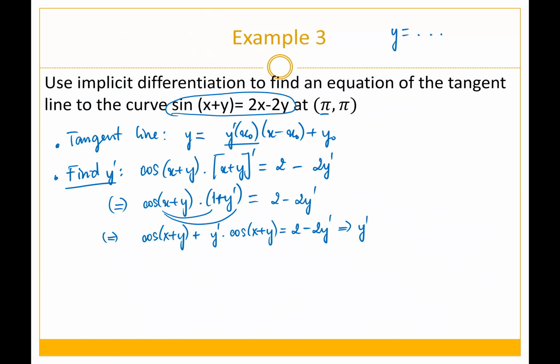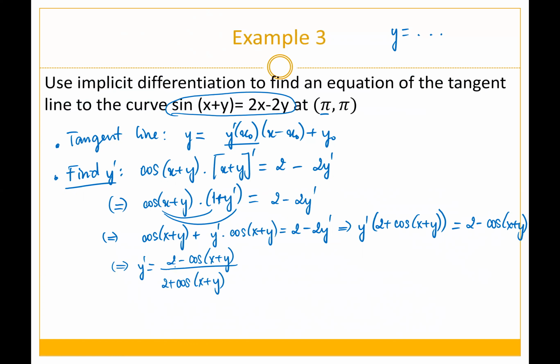If we take anything related to y prime on one side, we have y prime times (2 plus cosine(x plus y)) equal to 2 minus cosine(x plus y). We end up having y prime equal to 2 minus cosine(x plus y) divided by 2 plus cosine(x plus y). And so now we just need to plug in.